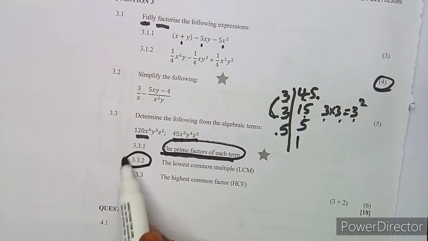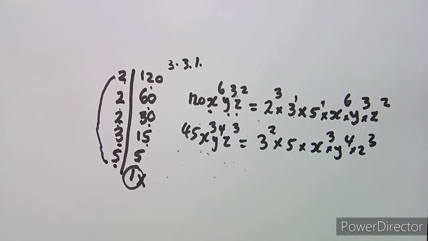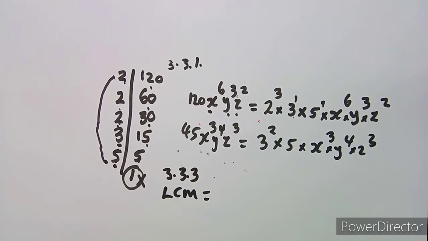Then 3.3.2, the lowest common multiple, which is the LCM. Remember, guys, I told you about the LCM: you have to take each and every term that is there. But if the terms are repeating, or occurring many times, you have to take the one with the highest exponent.